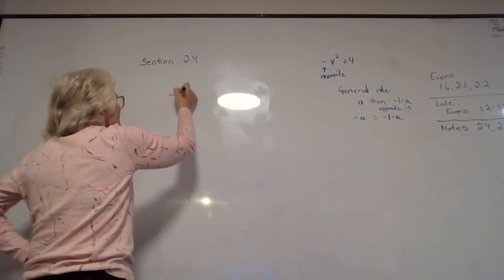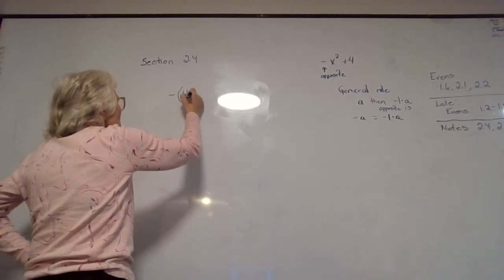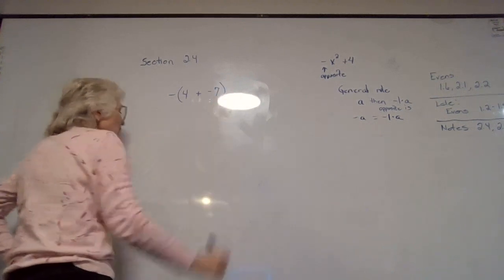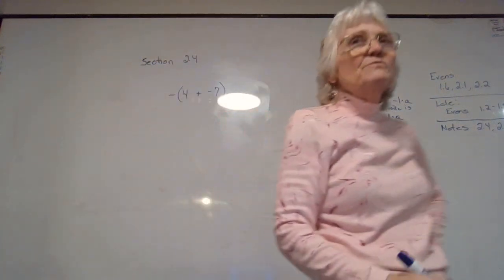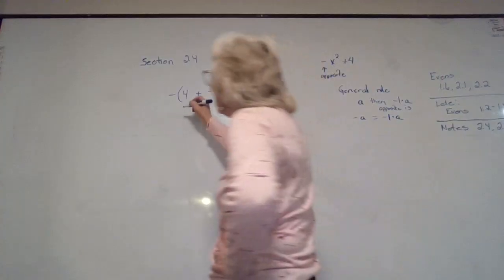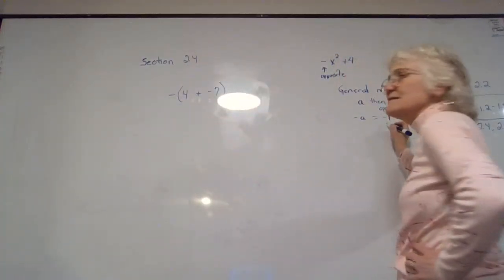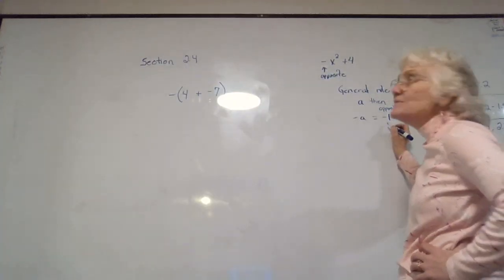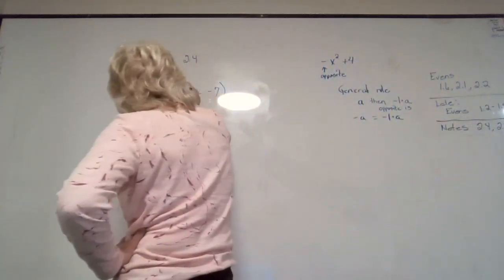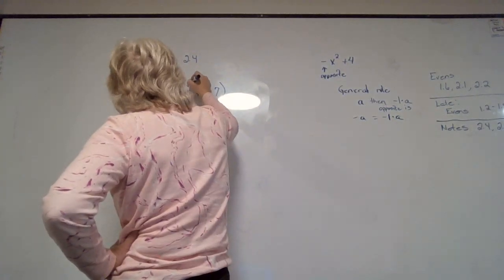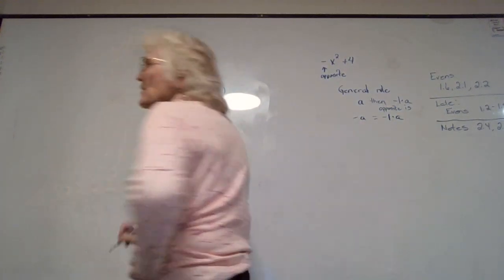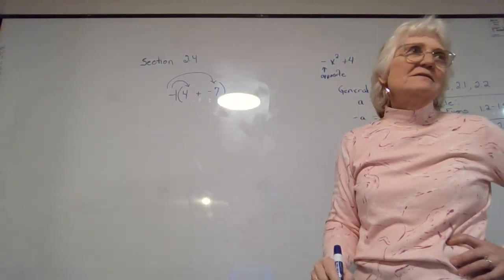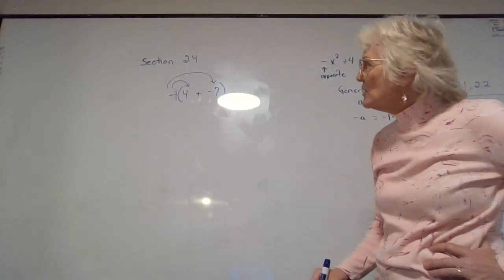If I have the opposite of 4 plus negative 7, what it's really saying is, remember, negative can be the same as multiplying by negative 1. So we could say this is negative 1 being multiplied or distributed to both things. That's one way of looking at it. You're multiplying by negative 1.